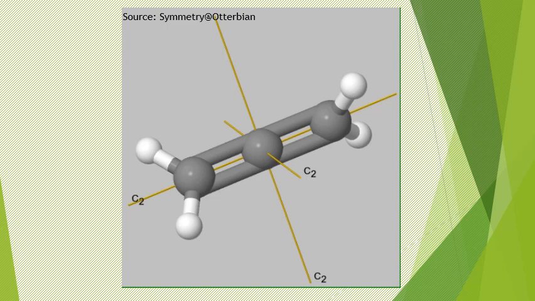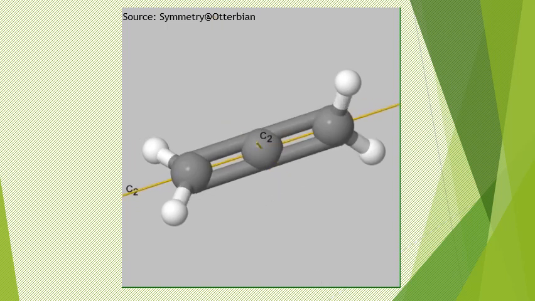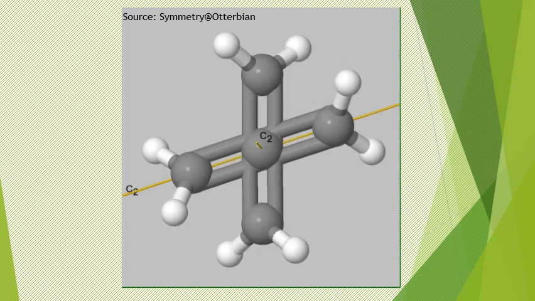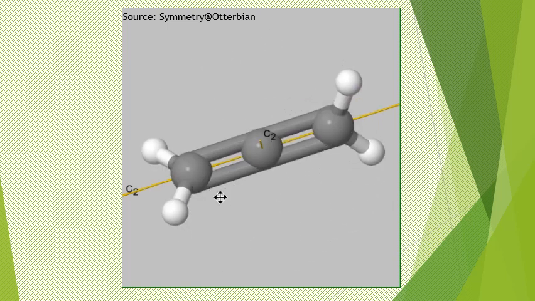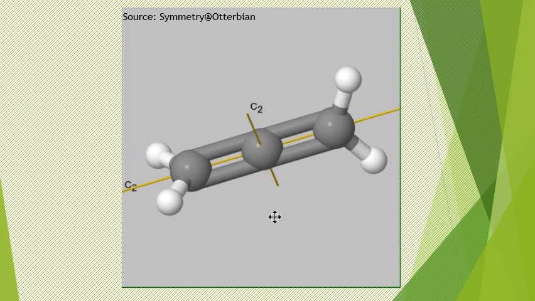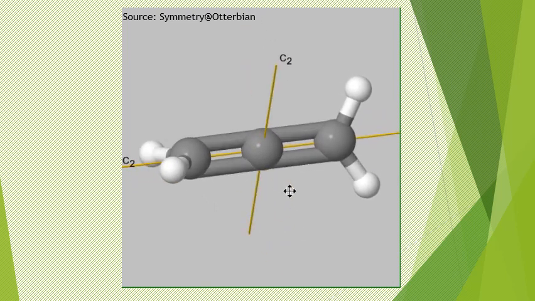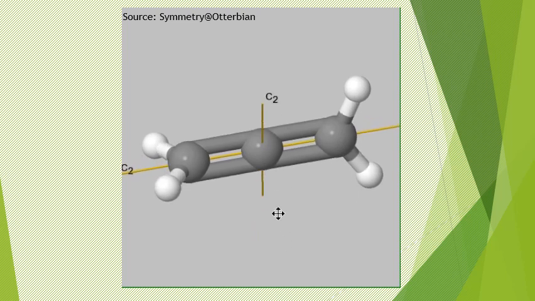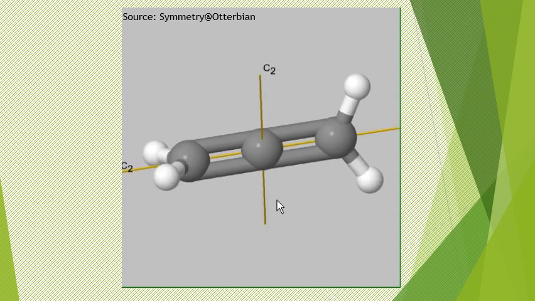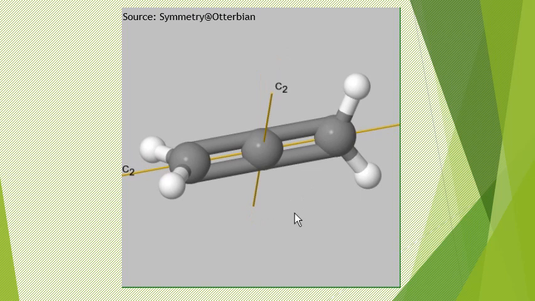Now let me show this operation. So this is also C2. The molecule returns back to the original orientation. You can open the side symmetry operation and play with all these molecules to get a better perspective. Fine. Now, one C2 and two perpendicular C2s will take the molecule to the D category.